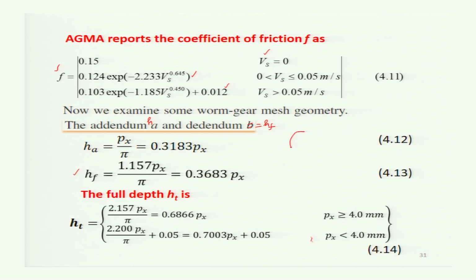For a gear, we have stated, yes, this is the pitch circle, this is the addendum circle, and this is the root circle. So this height is called the addendum HA, this is HF. The full depth, the summation of these two, is the full depth HT. It is given by this one based on the Px. If Px is greater than or equal to 4, then this one. If Px is less than 4, then this formula.